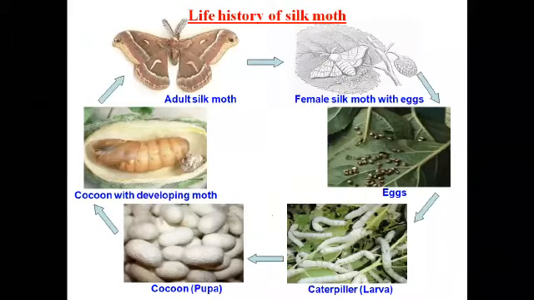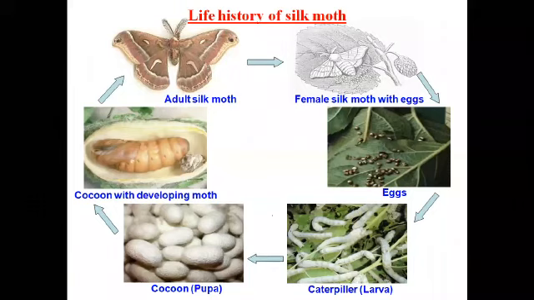Now in the next slide, I'll show you a picture description: a female silk moth has laid several eggs. One silk moth lays thousands of eggs at a time.